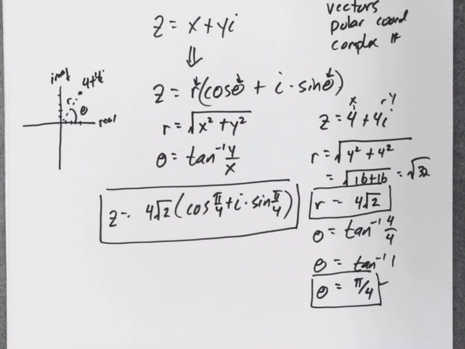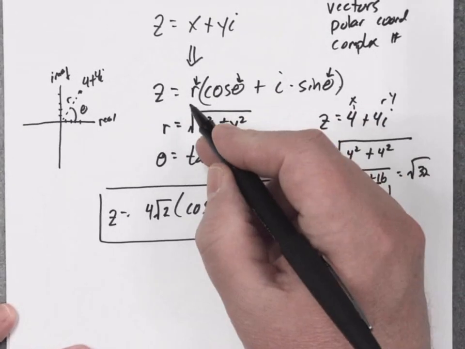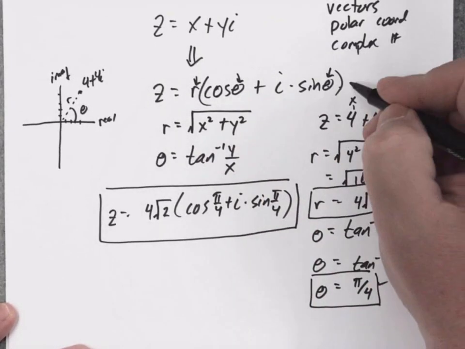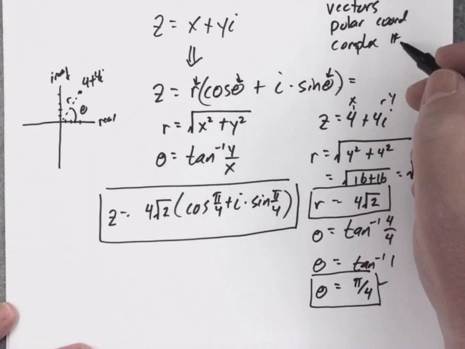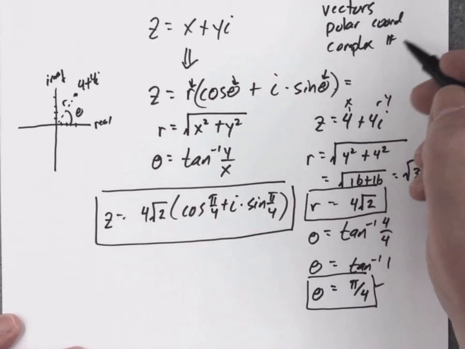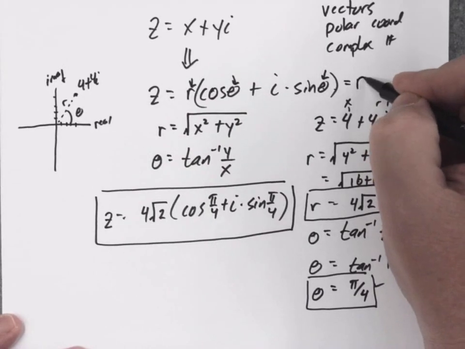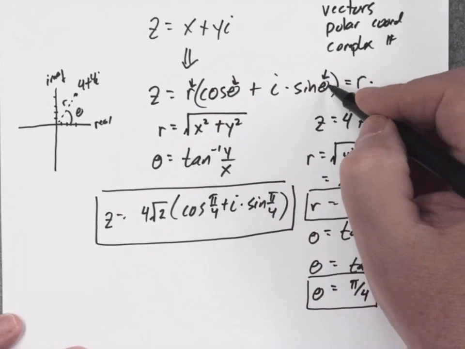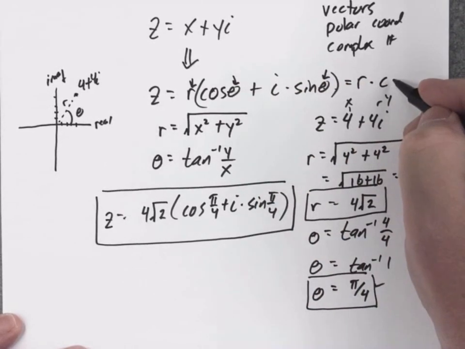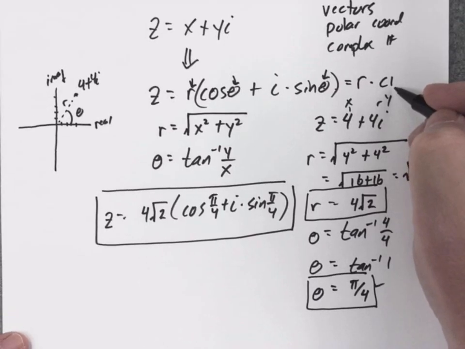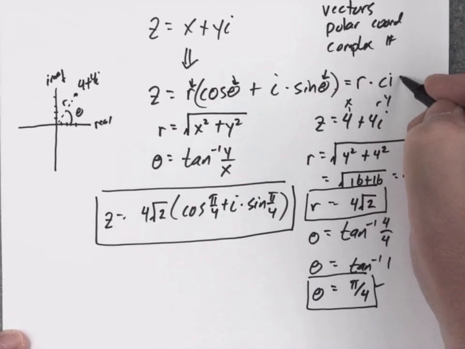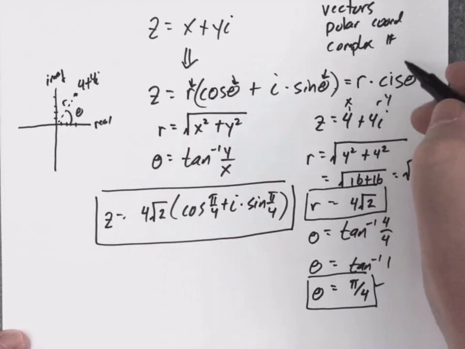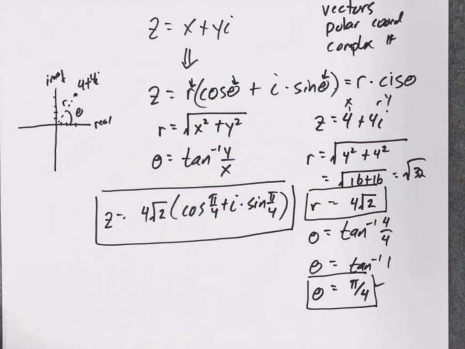Now, in the homework, something they like to do is when they write this, you notice the theta here is the same. Sometimes, and this is not my favorite thing, but because it's in the book, you need to know it, they do a little shortcut where they write the r, and instead of writing cosine theta plus i sine theta, they call it cis theta. Cis theta means cosine theta plus i sine theta.